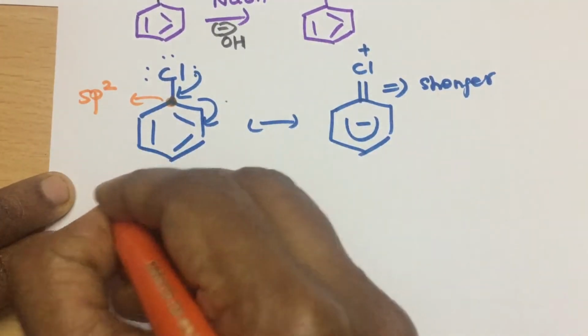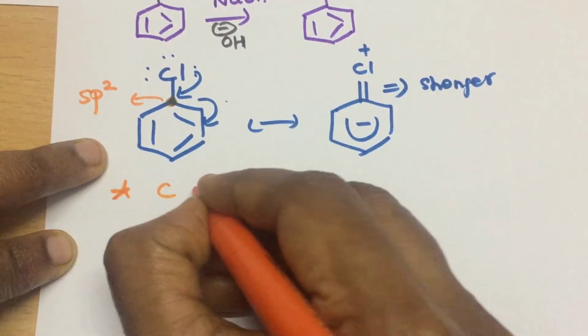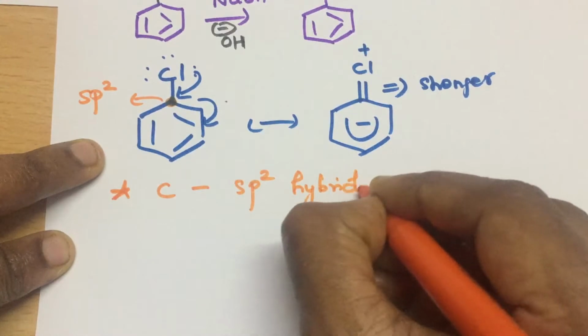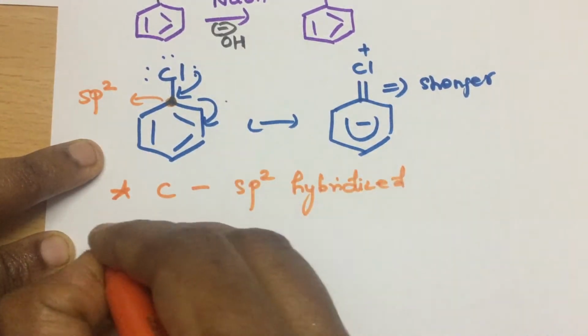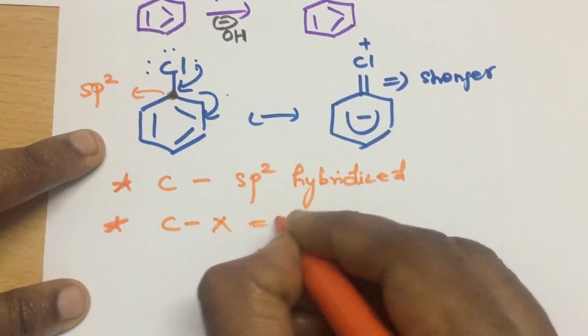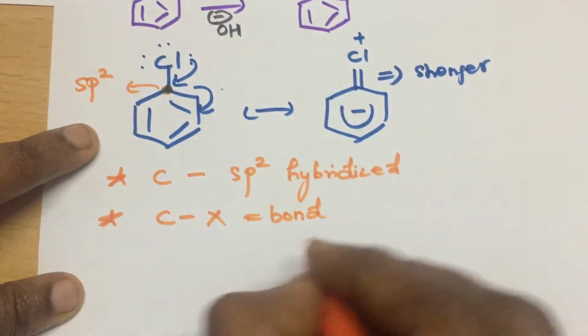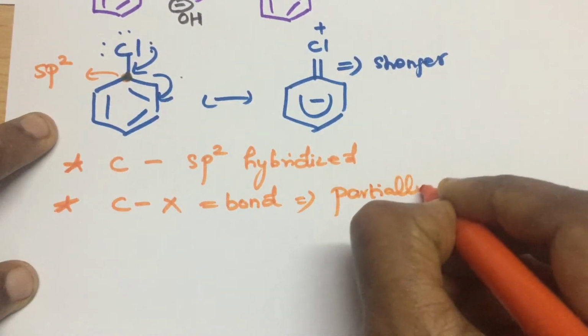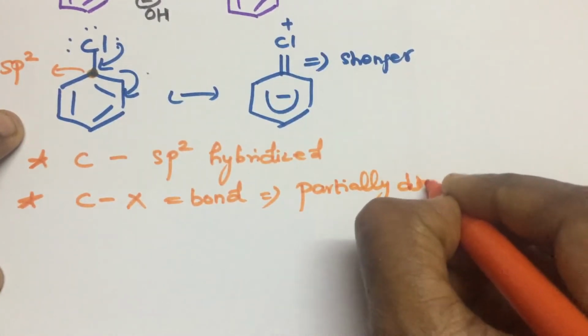What are the reasons, students? First of all, this carbon is sp2 hybridized. And the second point, the carbon halogen bond is partially a double bond.